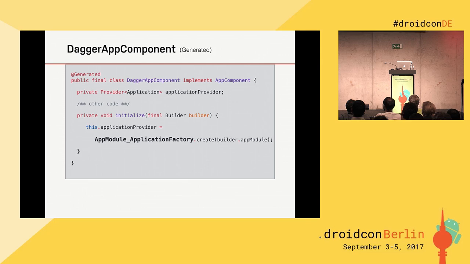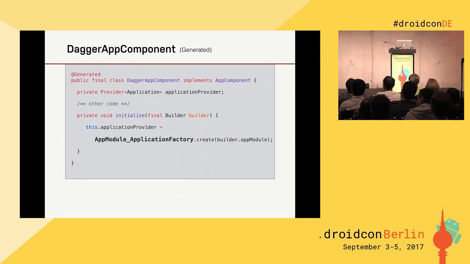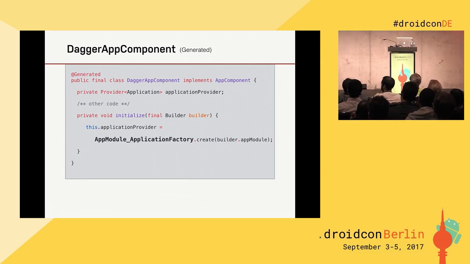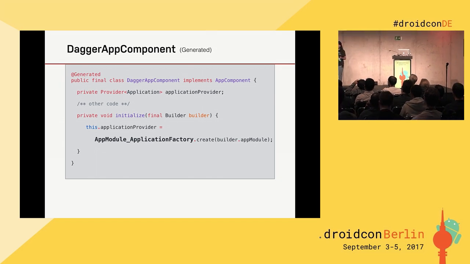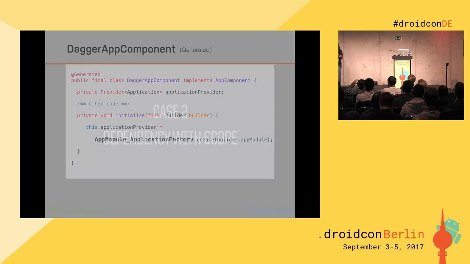We'll see how it is going to be different in other cases shortly. Whenever you try to get any dependency, it is going to call the factory get method, and every time it is going to instantiate a new class for you. With application it doesn't make sense, but it is just an example. If you use it with some other dependency, you'll see that the dependency is going to be instantiated again.